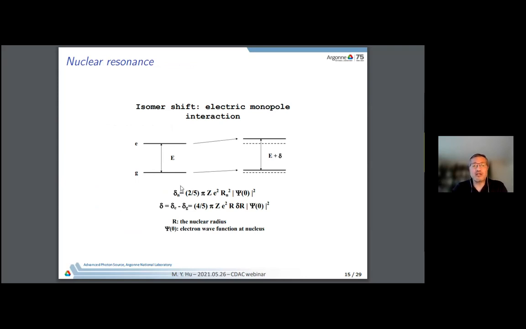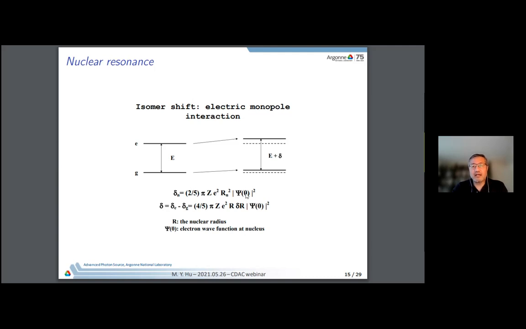So this is the isomer shift. You see here, this is the nuclear charge, and this is the nuclear size, and this psi is the electron density at the nucleus.